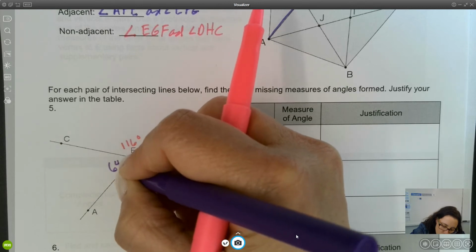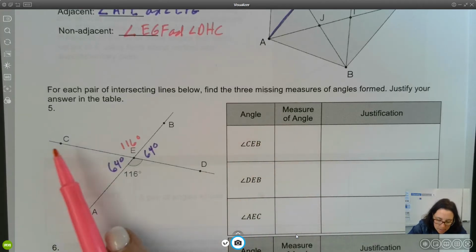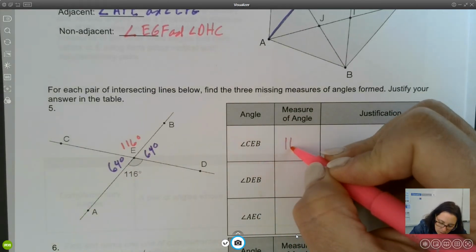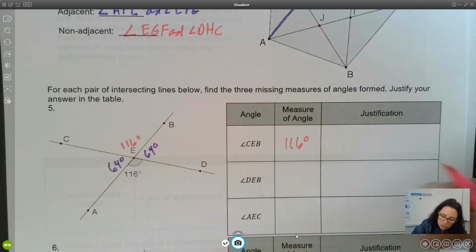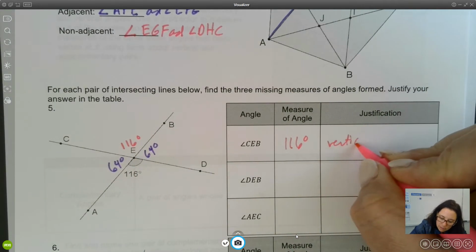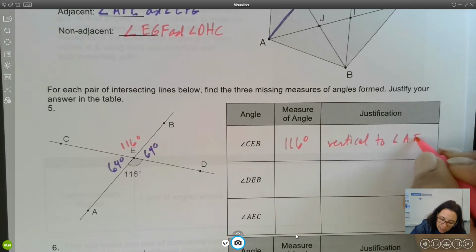So I like to just go in and label it all up. Now the measure of CEB. CEB is 116. Justify it because it is vertical to angle AED.